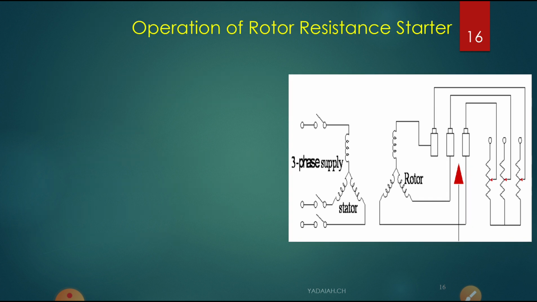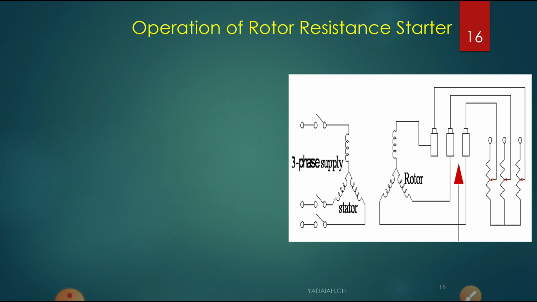And as the motor picks up speed, initially the resistance is very high, so the I2 value is reduced. With I2 reduced, this less current is enough to produce the starting torque.